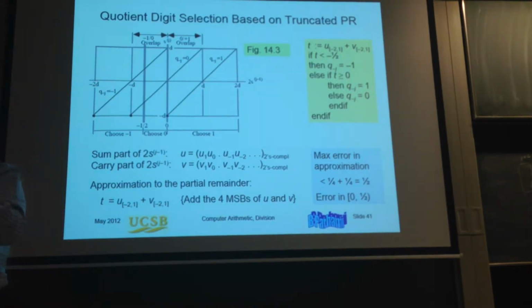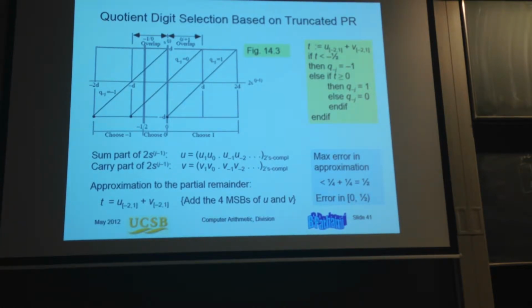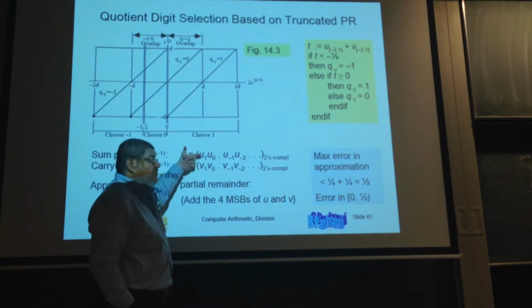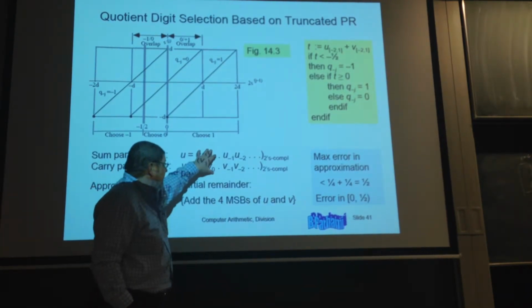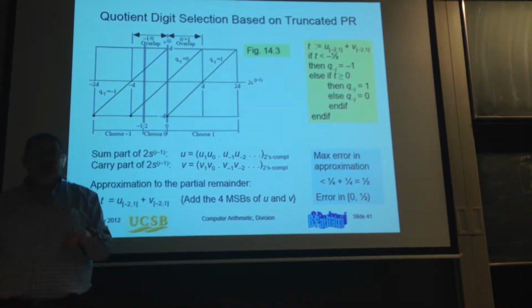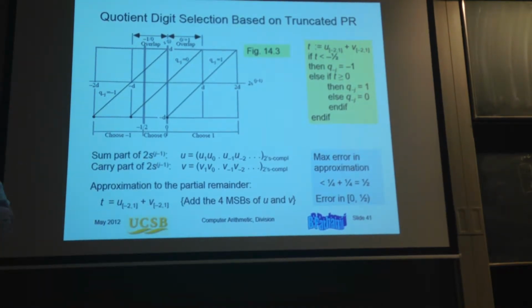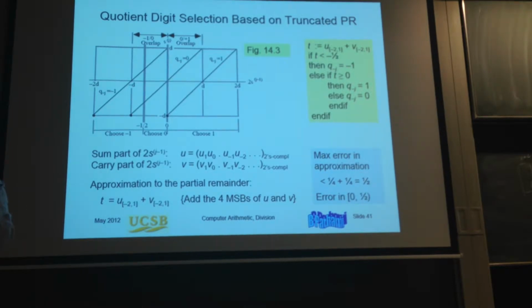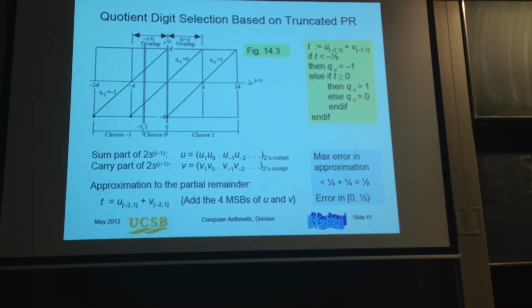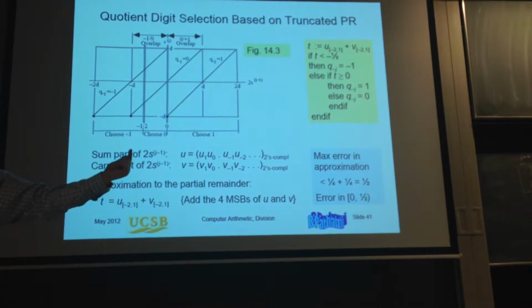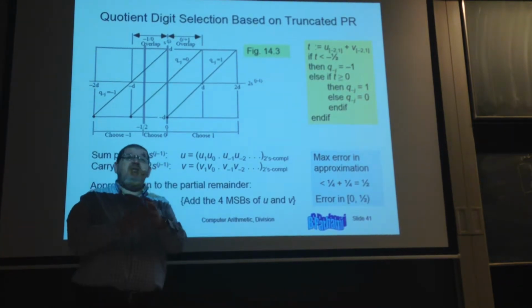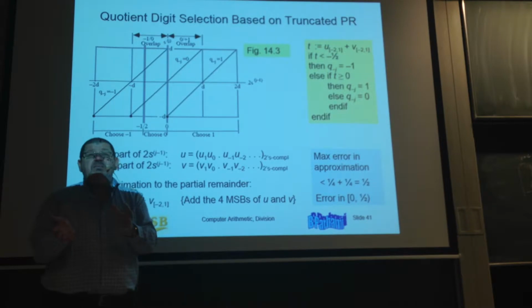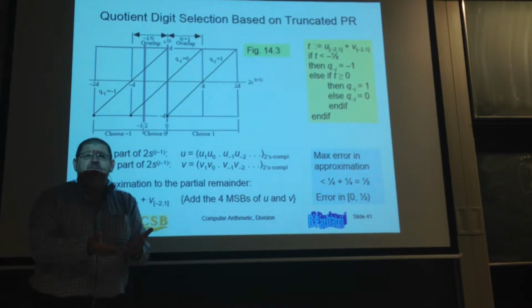And what I'm doing will be the following. I will do now an addition of those 2 numbers, which are now truncated. And based on the result of this addition, I'll make my choice. Then instead of computing the partial remainder precisely, I will compute an approximation of it. Instead of propagating the carry over n bits, I will now take 4 bits from one plus 4 bits from the other, maybe even make a table, like a lookup table, and obtain the result.